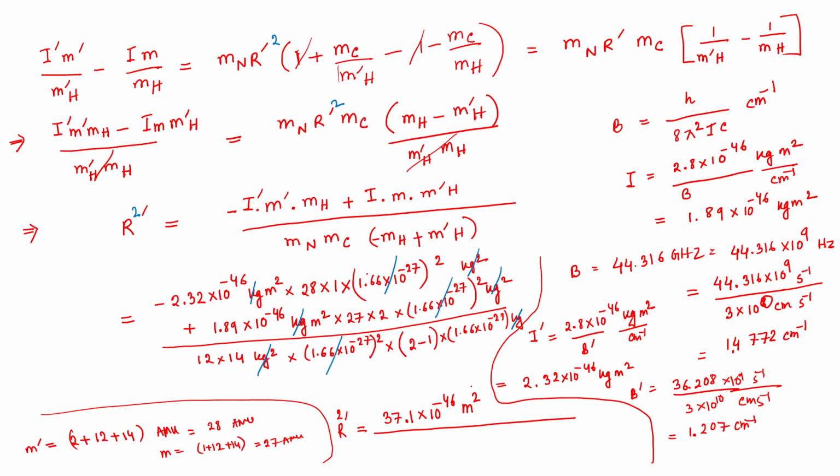Below it will be 12 into 14. So this is 278.88 into 10 to the power minus 27.